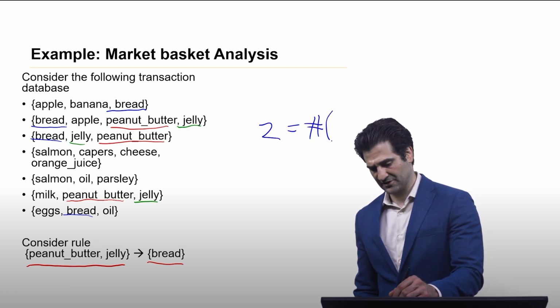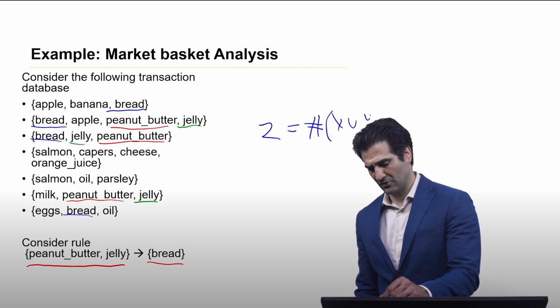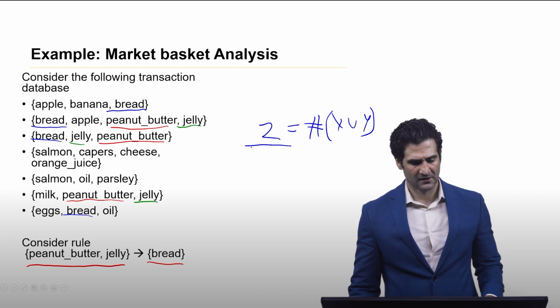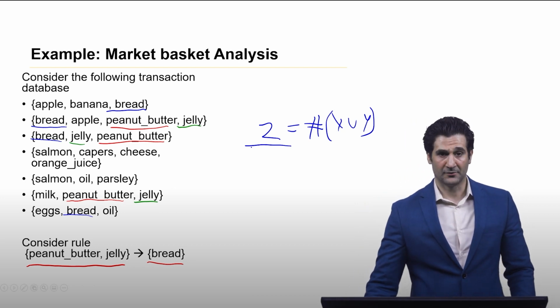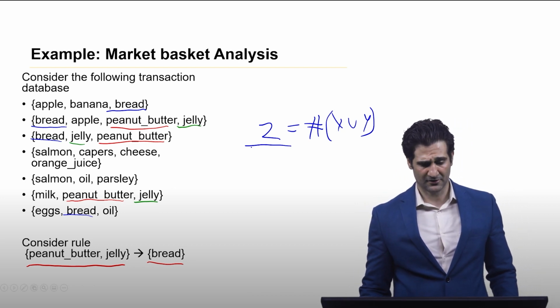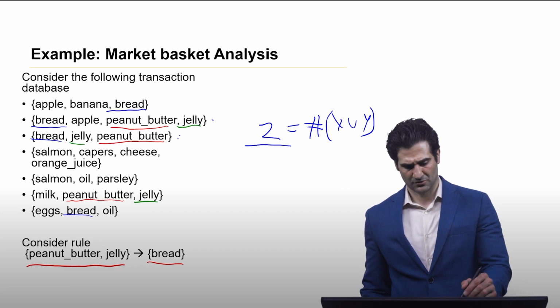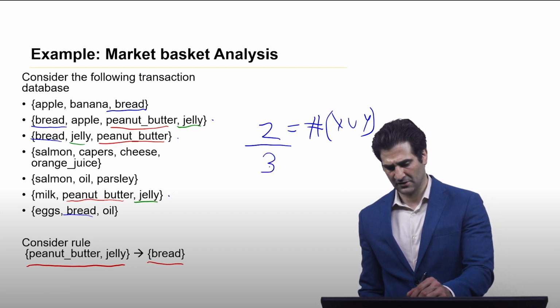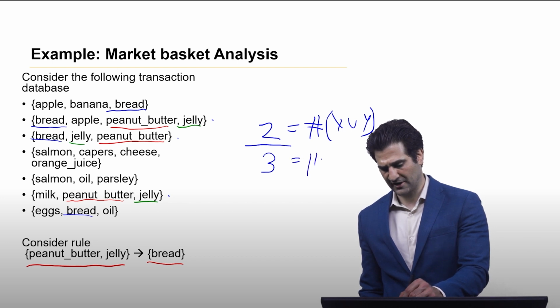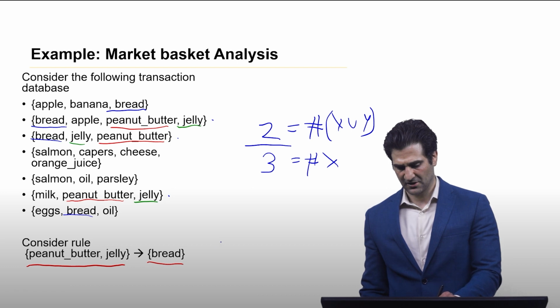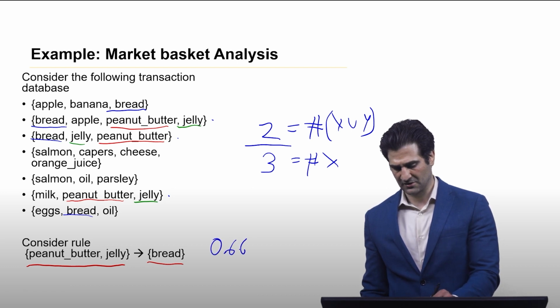And remember, this is the count of X union Y divided by, and now this is the number of times just peanut butter and jelly appear together. So we have 1, 2, 3. So that equals just the count of X. And so we have a confidence of 0.66.